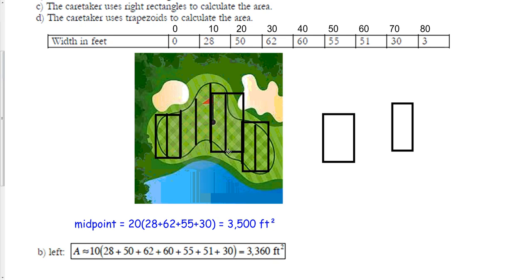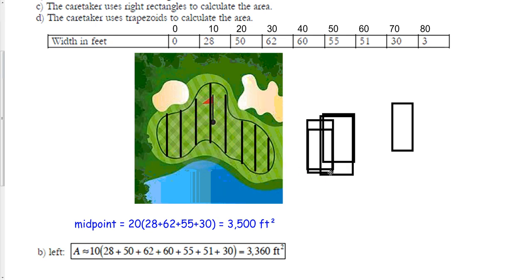With my left-hand rectangles, I can go ahead and do all 8 rectangles and find the area. So 10 is going to be the width of each rectangle, 0 to 10, 10 to 20, 20 to 30. So 10 is going to be the base. The height is going to be the height on the left for my left-hand rectangle. So my first rectangle is going to have a width of 10 and a height of 0.